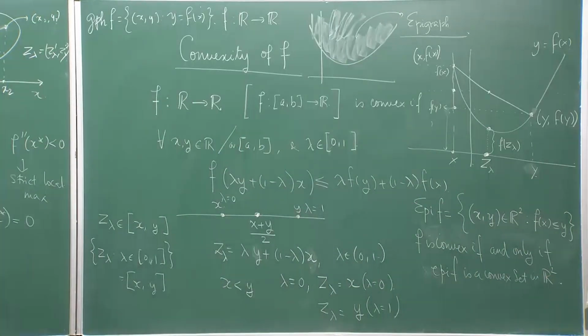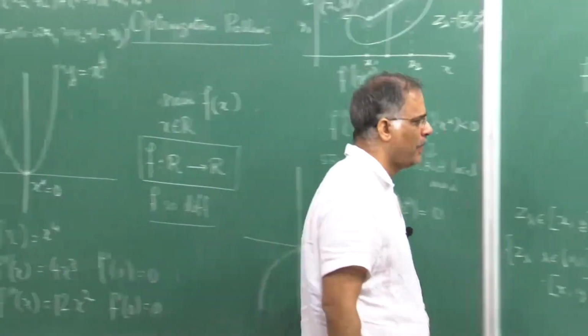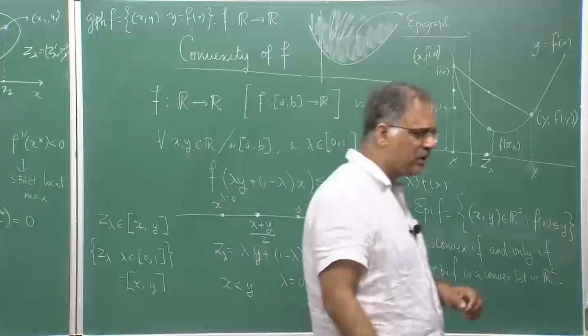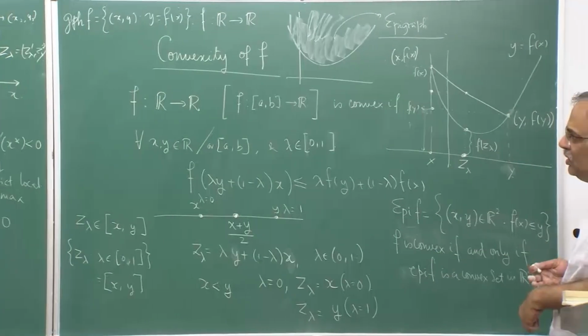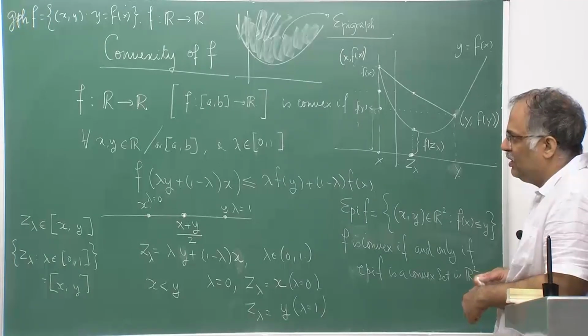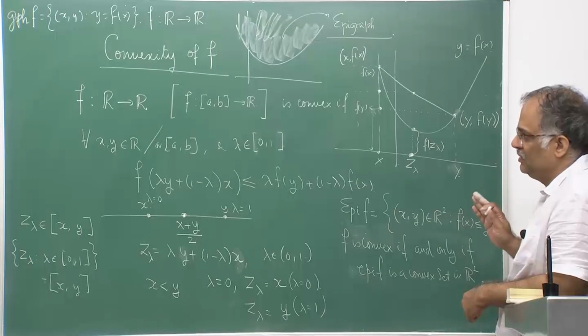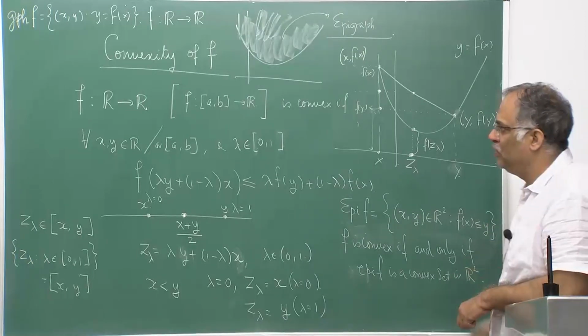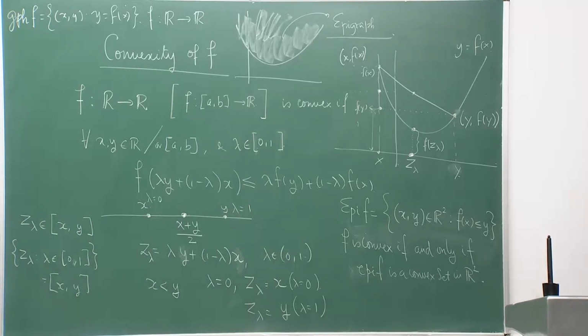So, this is a very important learning, and I will tell you why we are so much bothered about convex functions. Convex functions bring us into a world where there does not exist any local minimizer. That is, if you want to minimize a convex function over a convex set, for example, an interval, which is a convex set.